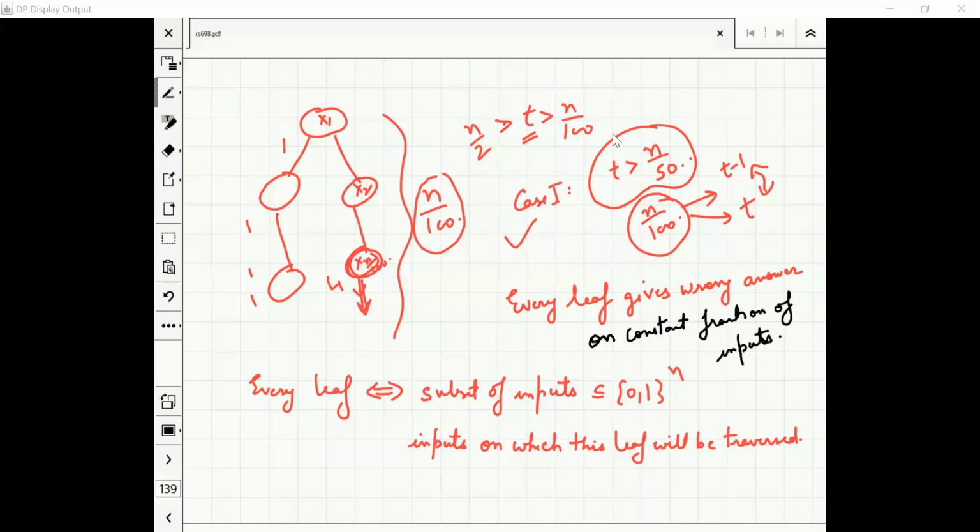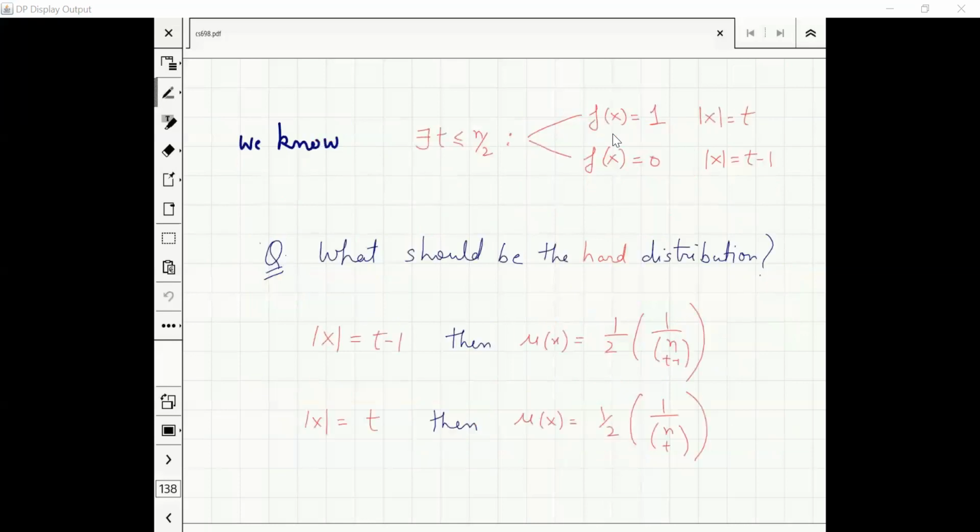You can easily see that, suppose I have seen n by 100 ones. If I have seen n by 100 ones, how many extra inputs are there which will have Hamming weight t minus 1? How many of them will be there whose Hamming weight is t? And if you look at these two numbers, their ratio will be constant. With obviously you have to apply that probability fraction rule, right?